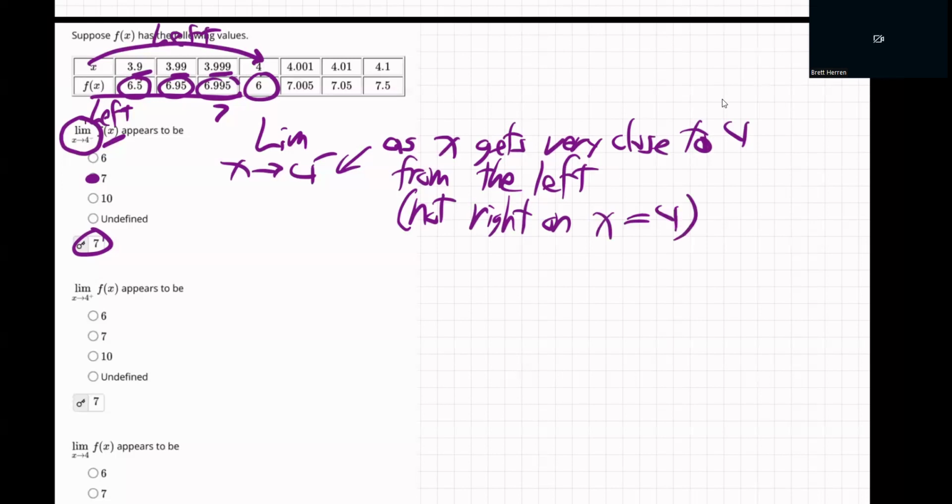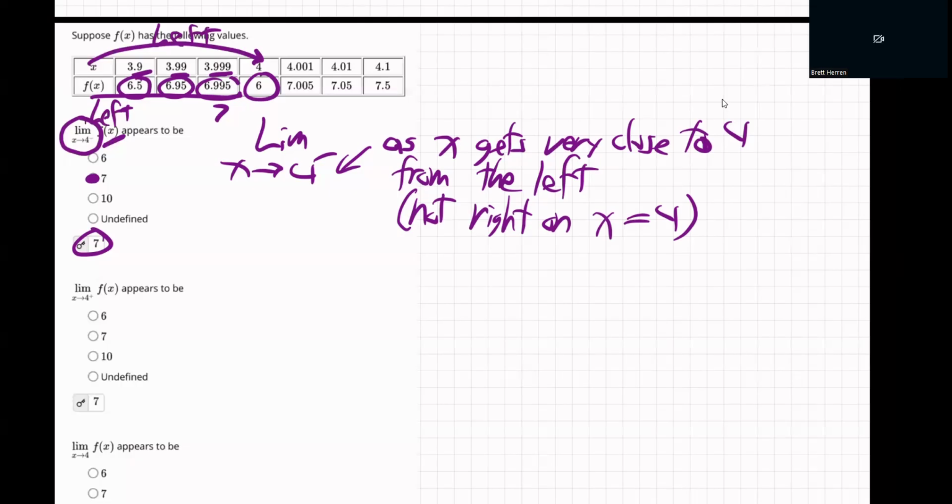See, that's the point of a limit. A limit is what happens as you get very, very close to that x value, not right on the x value. What are you approaching? What are you getting close to? Not where do you actually land?